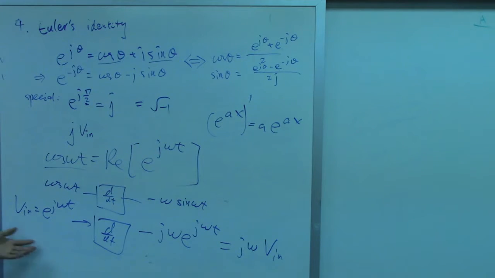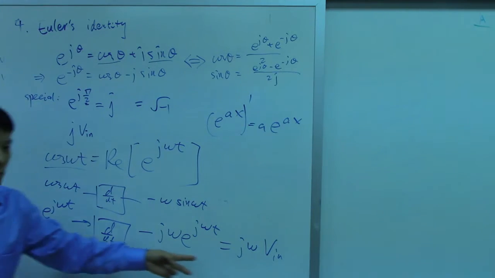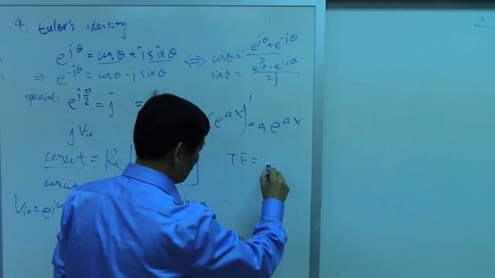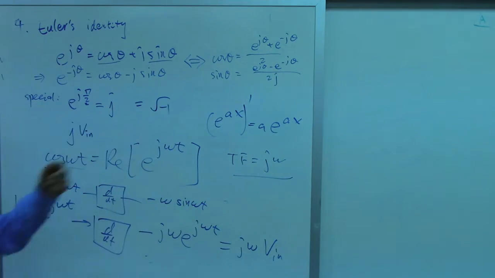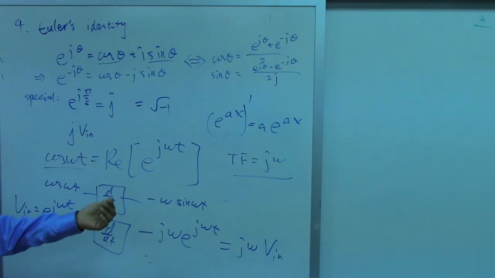So that's why we use this one. Easier. Right? So we know the concept of transfer function, right? Transfer function is defined by the output over the input of the system. For this, what is the transfer function? The output divided by the input equals just j omega. So the transfer function is just j omega. So next time you see j times omega, you know that is a differentiator.